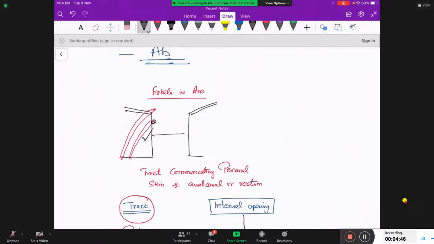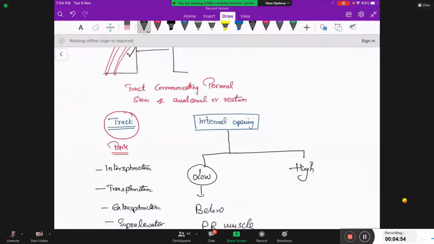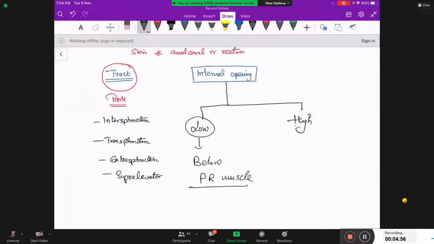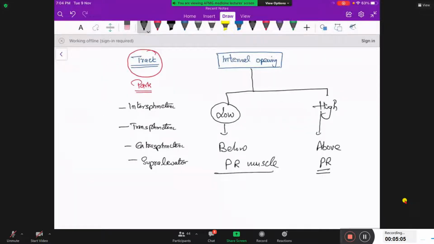This is a low type of fistula. High type is when the internal opening lies above the puborectalis muscle.